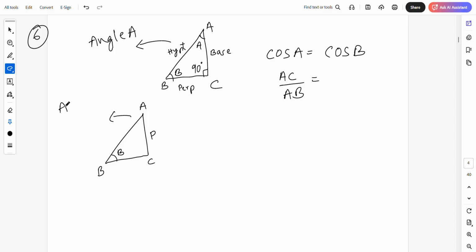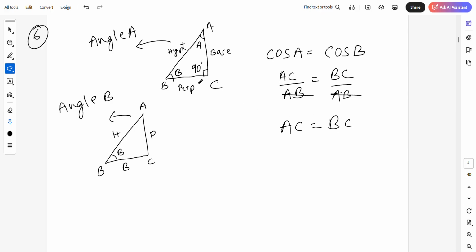For angle B, hypotenuse will remain the same, this is perpendicular, this will be base and this will be hypotenuse. What is cos of B? Cos B is base by hypotenuse, that is BC by AB. Hope you understood this. It depends on how you take the angle. AB gets cancelled, AC is equal to BC.